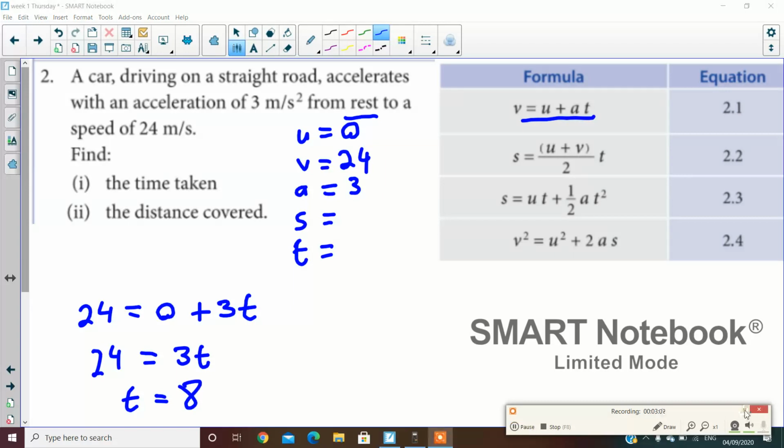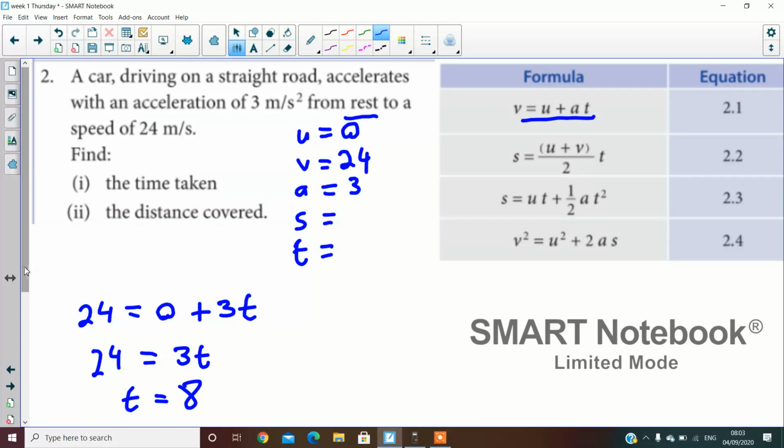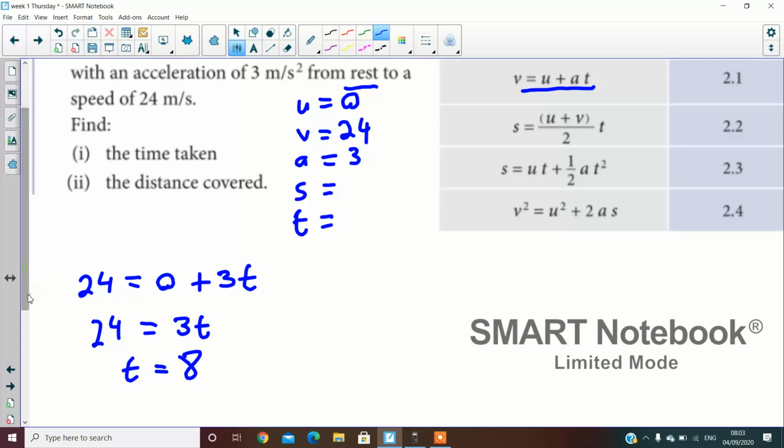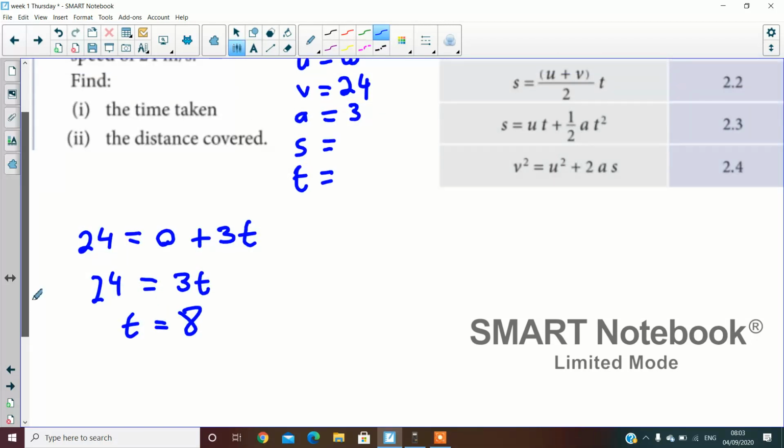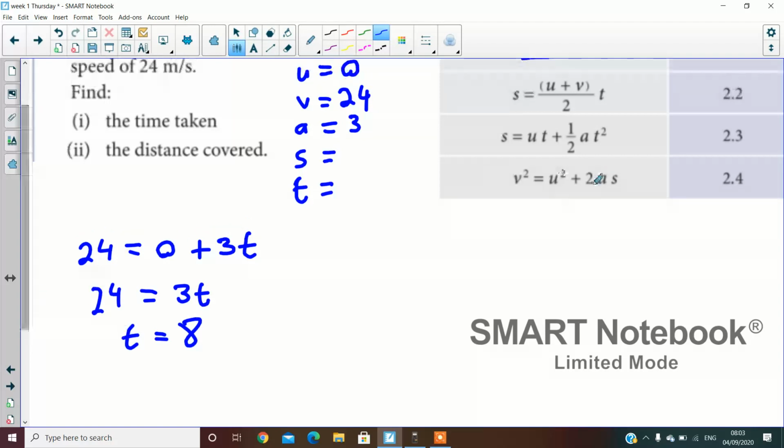All right, guys, so you have 2 choices here regarding finding your distance, okay? Well, maybe even 3 choices, is it? No, two choices. Actually, let's try out the second one first.